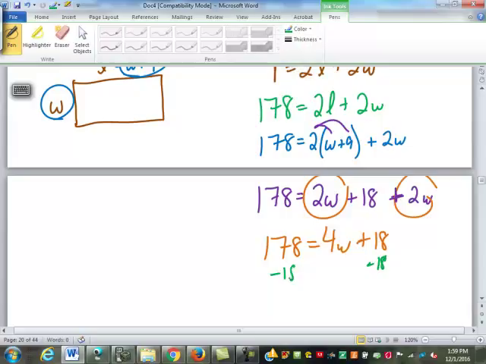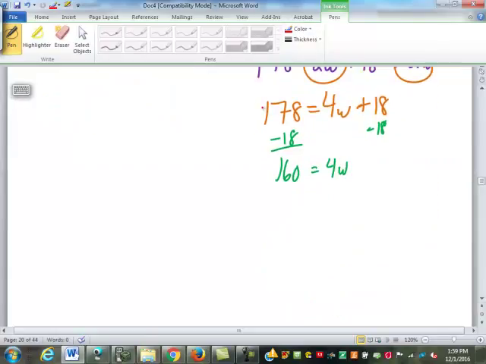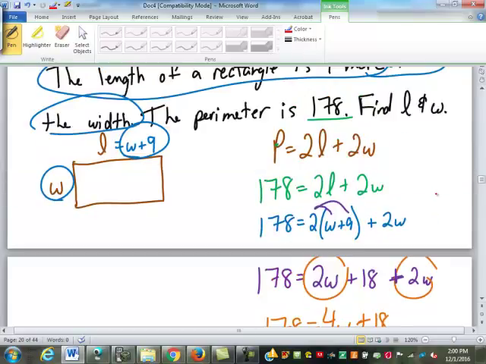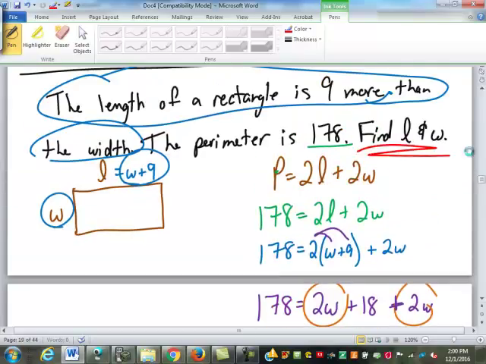Subtract 18. 160 equals 4W, and then divide by 4. 40 equals W. All done? No. What's wrong yet? We've got to answer the question. Find L and W. So W equals 40. L is W plus 9. So 40 plus 9 makes 49. Now we have answered the question.